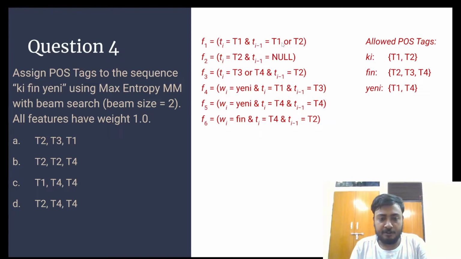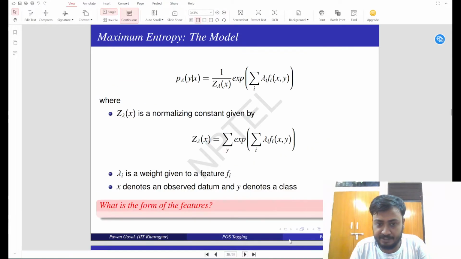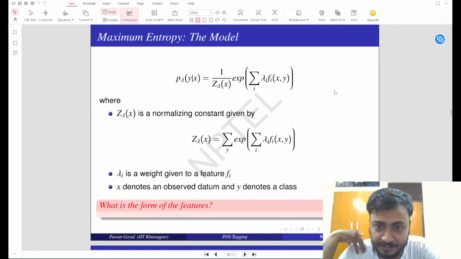Alright, so before we go into this, let's have a look at the slide which you have. So this is the formula which is important over here, right? You have to calculate the possible values for every word and every tag.